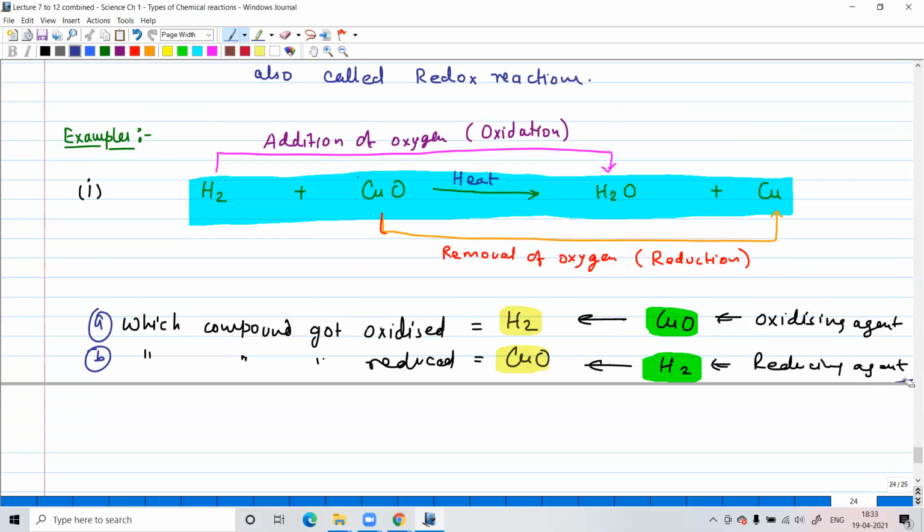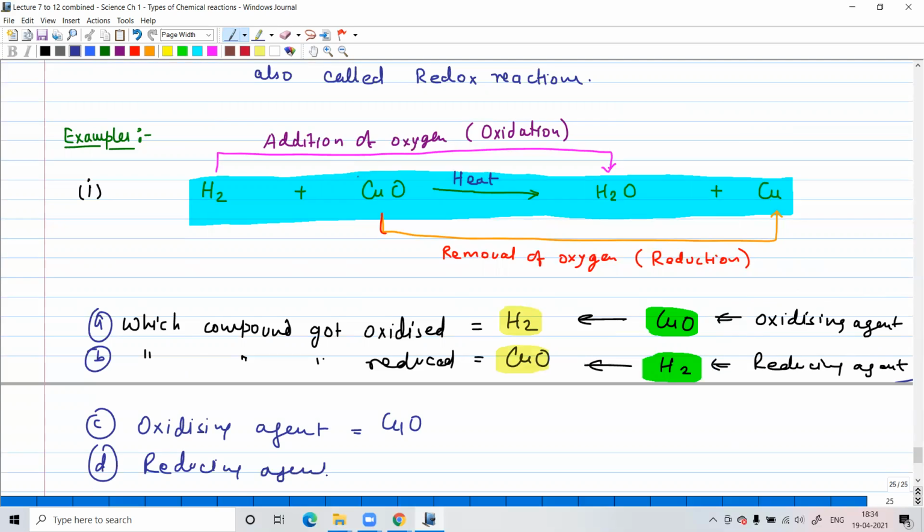Who got reduced? And what is the oxidizing agent? And what is the reducing agent? That's your four questions. So let me write it as this: oxidizing agent becomes copper oxide, and the reducing agent becomes your hydrogen.